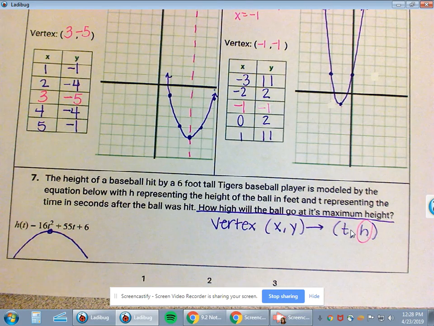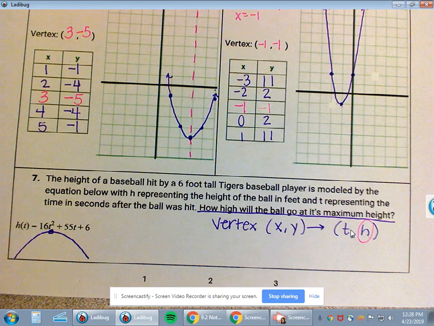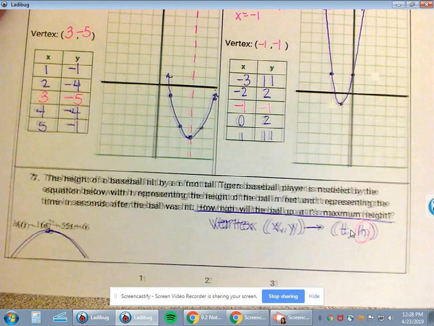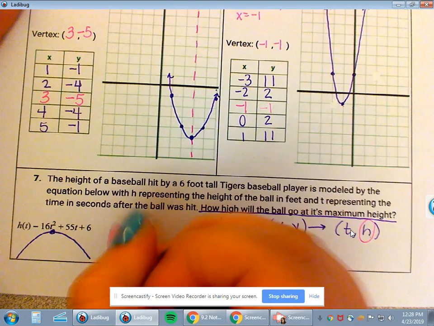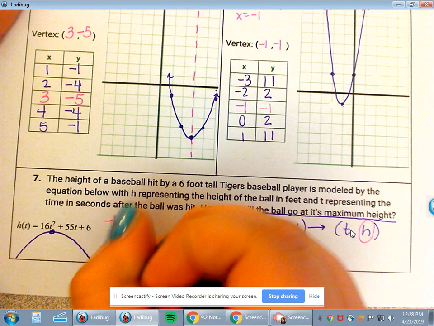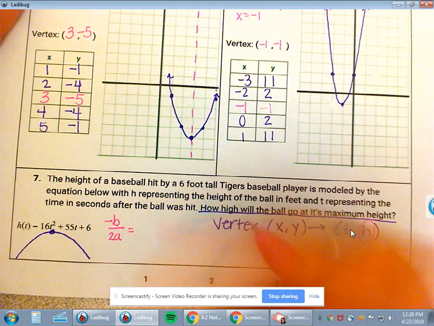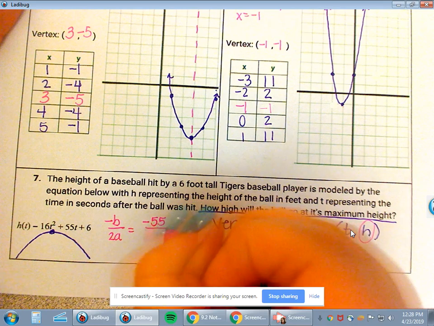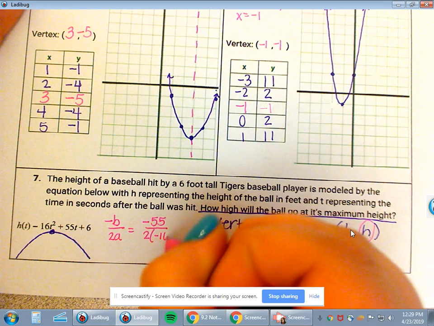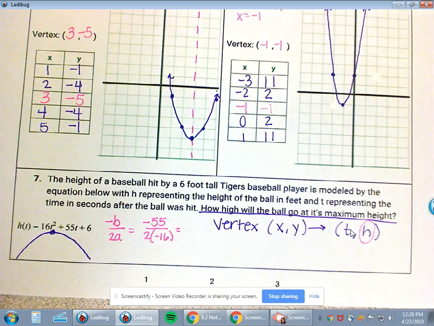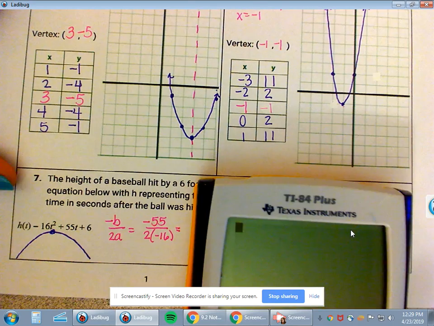And we can get our vertex with the axis of symmetry. So let's first find the x coordinate, the t coordinate, I should say, of the vertex. Then we'll plug that in to get H. So our axis of symmetry is going to be negative b over 2a. So negative 55 over 2 times negative 16. So let's plug that into a calculator and see.